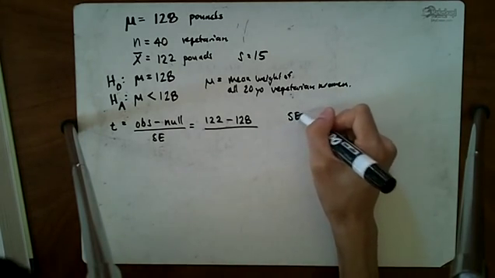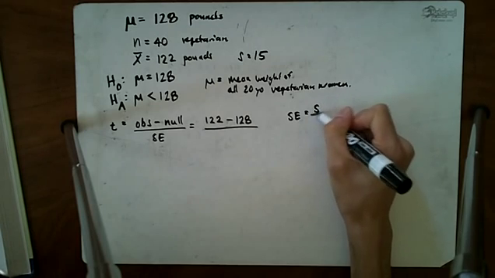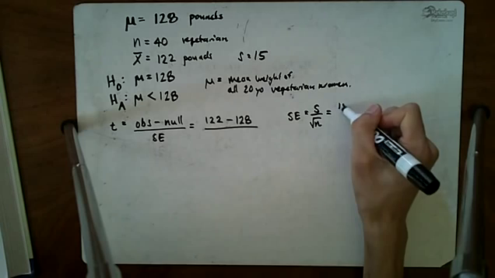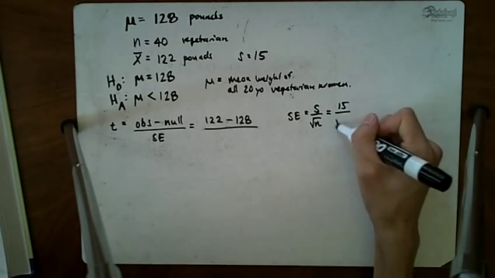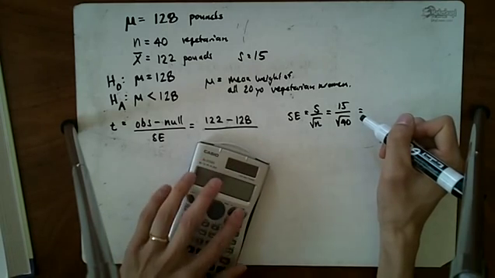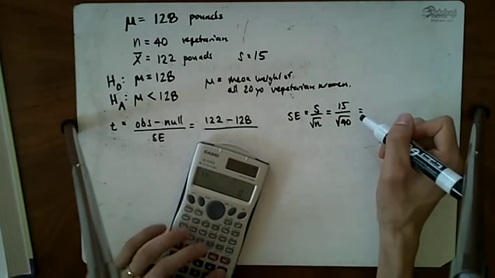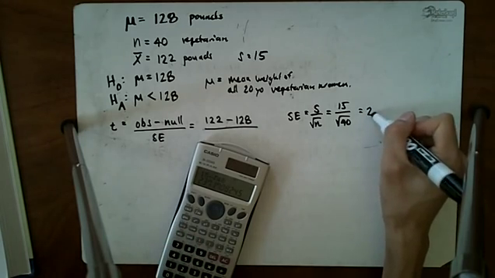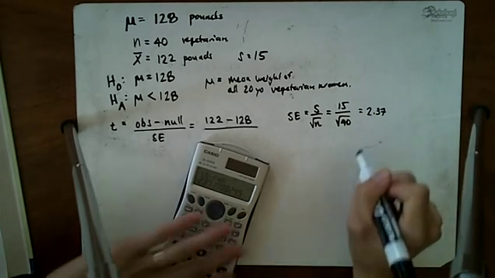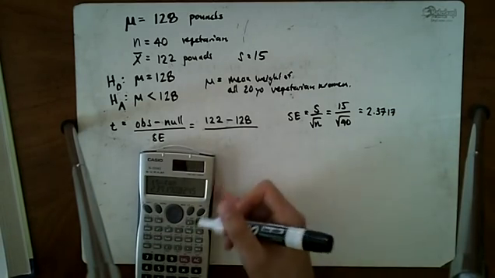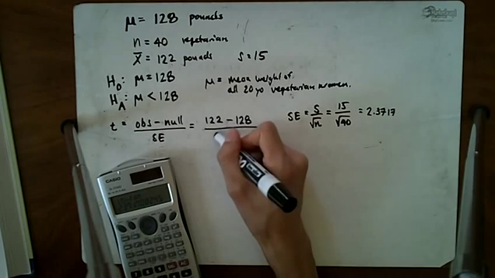Our standard error is the standard deviation s divided by the square root of n. In this case, 15 divided by the square root of 40. So I'm going to punch that into the calculator. 15 divided by the square root of 40. That gives me 2.37. Here I'll go out a couple more decimals, 2.3717.